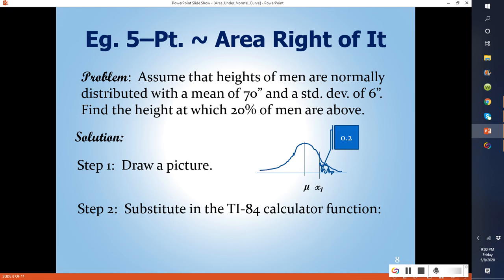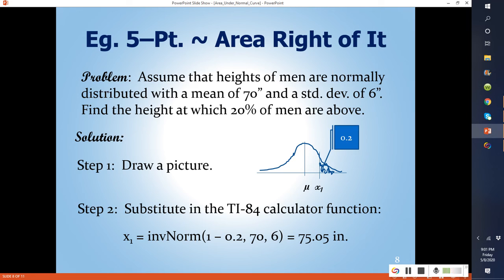So here, when we substitute in the calculator function, we'll substitute 1 minus 0.2, or 0.8. So the arguments would be 0.8, 70, 6. Now you do not have to calculate it ahead of time. You can put it into the calculator as 1 minus 0.2, and the calculator will take care of it for you.